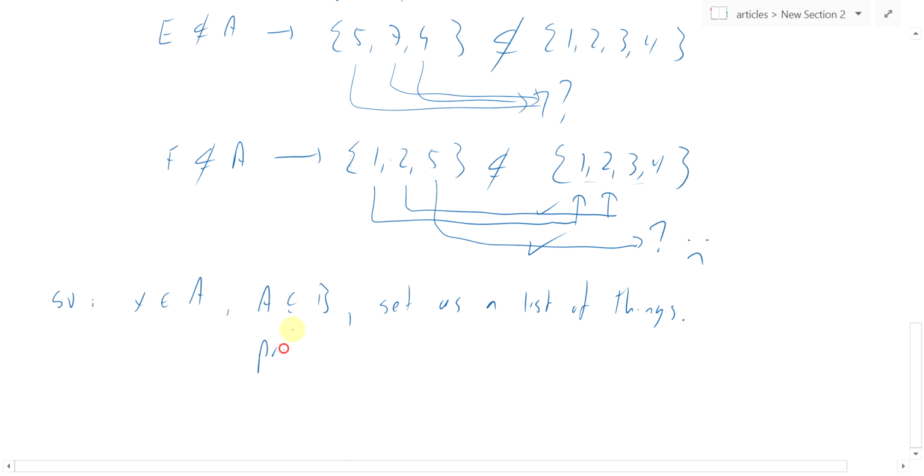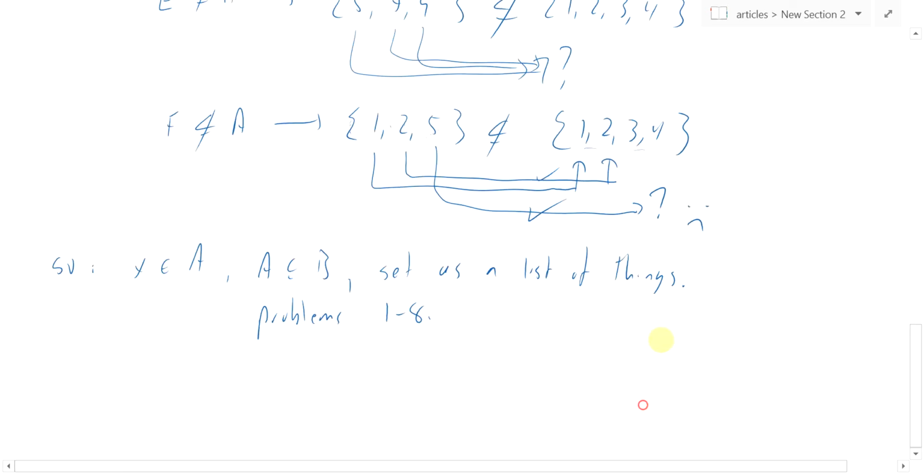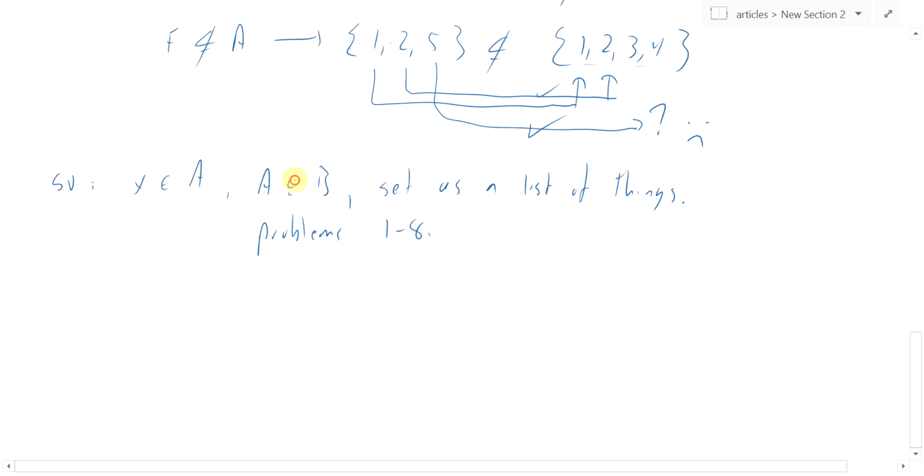And so problems 1 through 8 in section 7.2 are dealing with these 3 concepts. So you should be able to pause the video now and go and look at those problems and see if you can do those, if you understand what element of, subset of, and list of objects is.